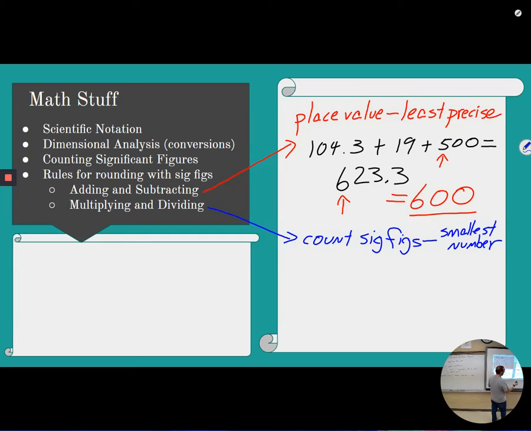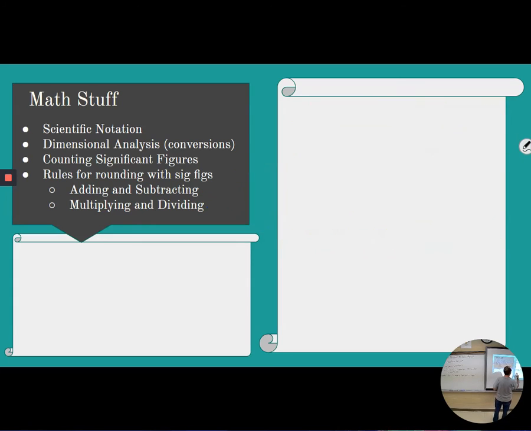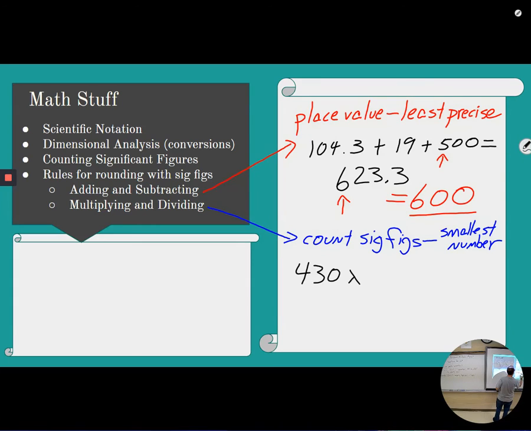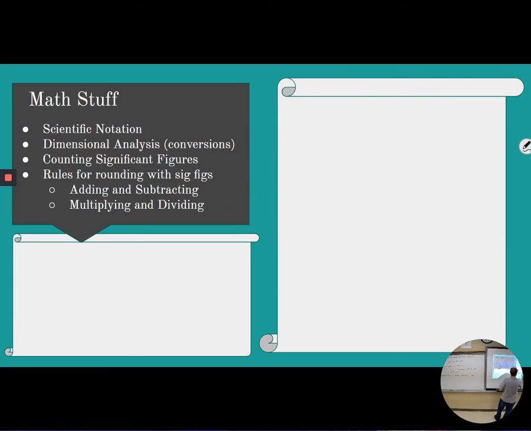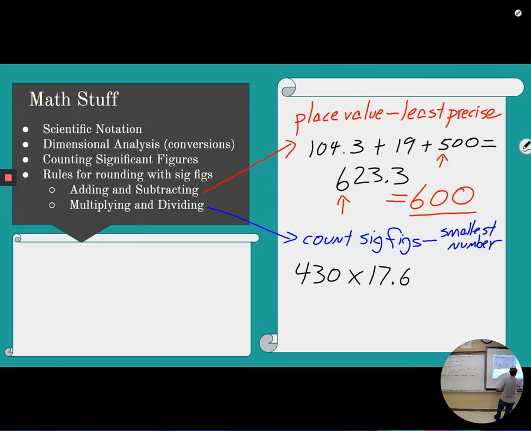So if I have, say, 430 times 17.6, plug that in, so 430 times 17.6, I get 7568. Now I have to go back and count sig figs. How many sig figs does this first number have? It has 2, right? How about this one? It has 3. What's smaller, 2 or 3? So my answer can only have 2 sig figs.